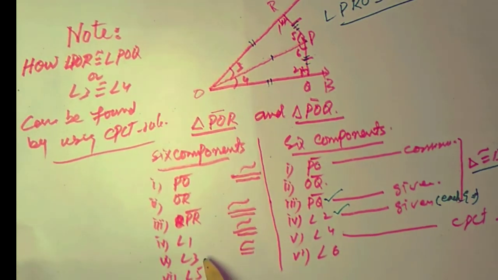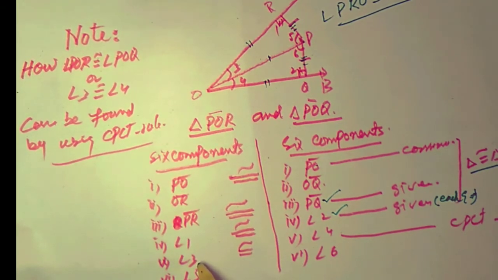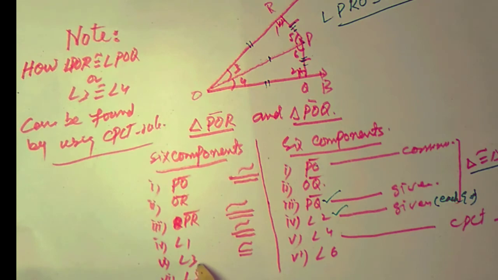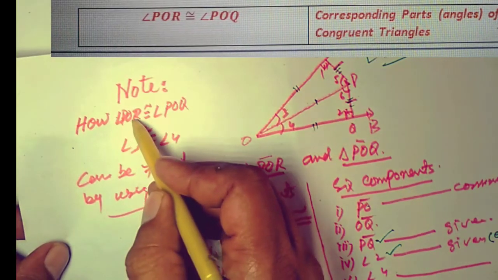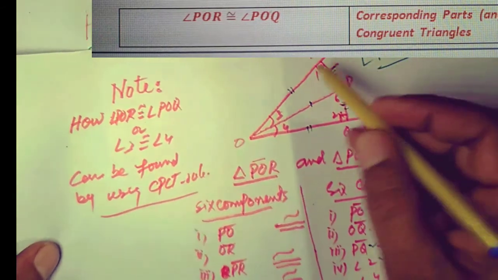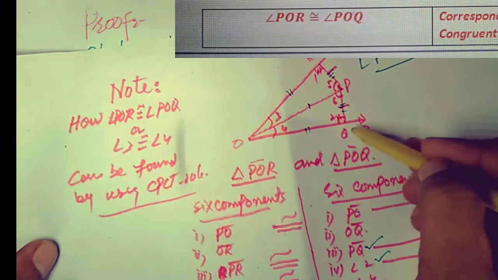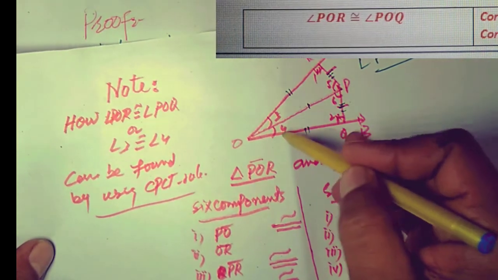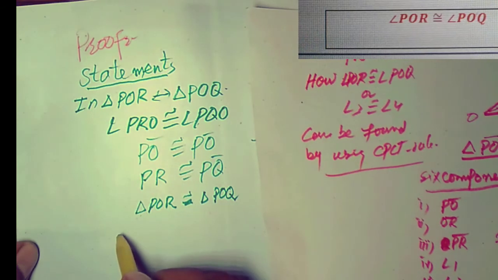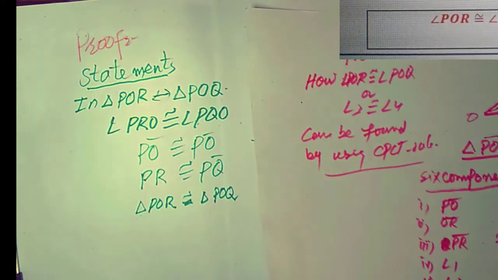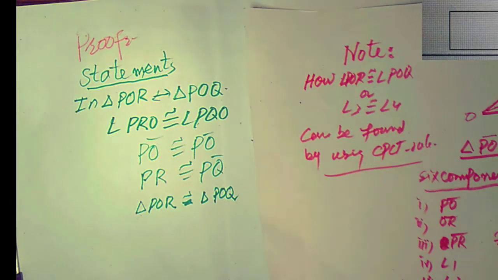So the required pair is angle 3 and angle 4, which is angle POR congruent angle POQ. This is our required factor.